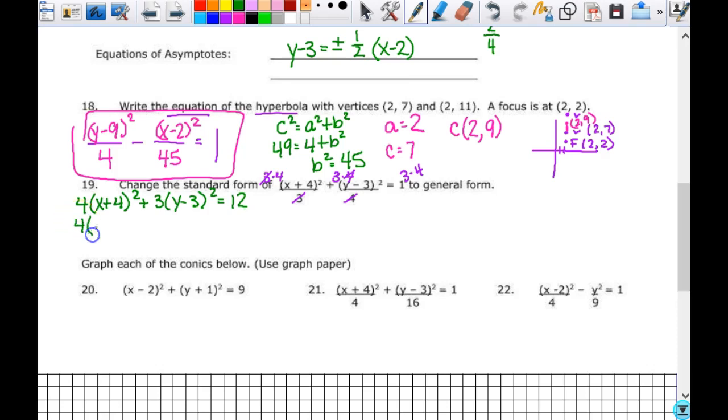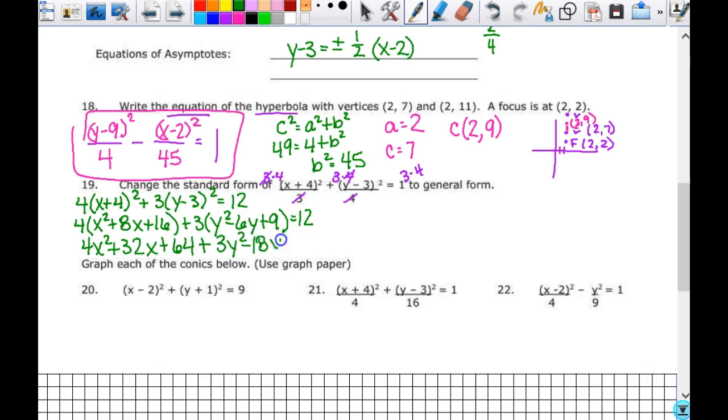This gives me 4 times, then when I square this, that gives me x squared plus 8x plus 16 plus 3 times y squared minus 6y plus 9 equals 12. Then I'm going to distribute, and I get 4x squared plus 32x plus 64 plus 3y squared minus 18y plus 27 equals 12.